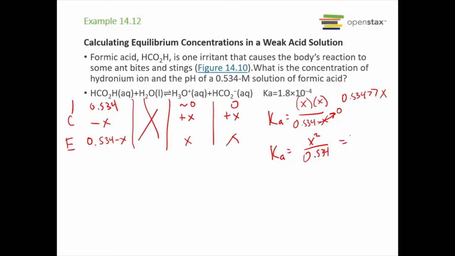And Ka is equal to 1.8 times 10 to the negative fourth. And so once you solve for both sides, get rid of the 0.534, take the square root, you get that X is equal to 9.8 times 10 to the negative third molar.